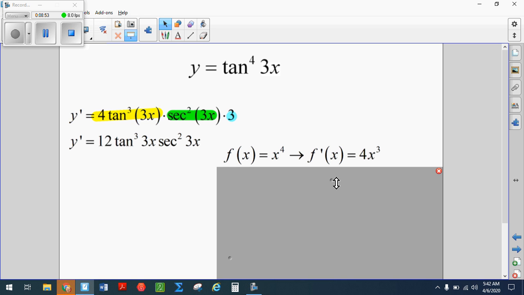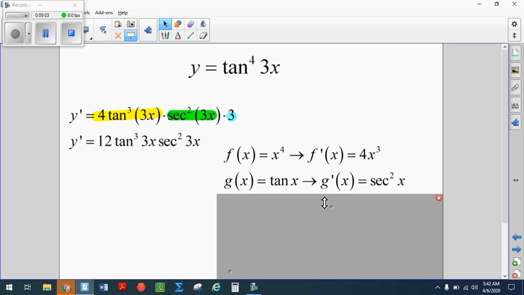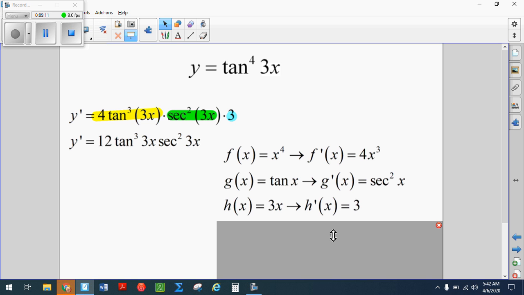If I separate all these parts, I have x to the fourth. Derivative of that's 4x cubed. So that's what it did in yellow, except that x is really tangent of 3x. Then g of x is the tangent of x. This is the derivative of tangent of x is secant squared. H of x is 3x, so h prime is 3.